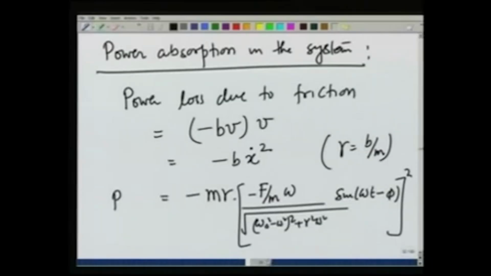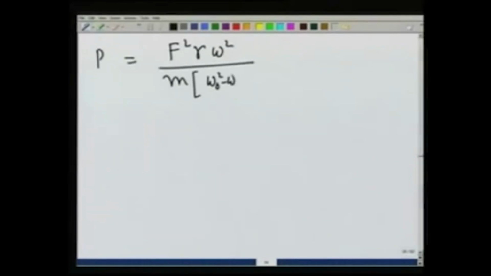When I open the bracket up, I find that P is going to be equal to f square gamma omega square over m times omega naught square minus omega square, whole square, plus gamma square omega square, times sine square of omega t minus phi. So, power really fluctuates.